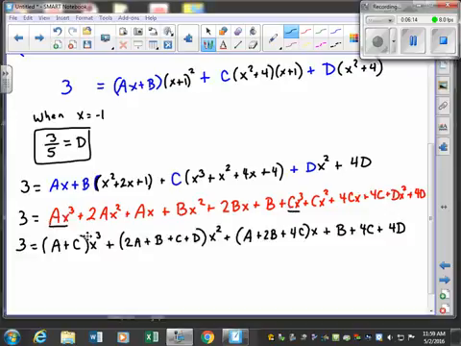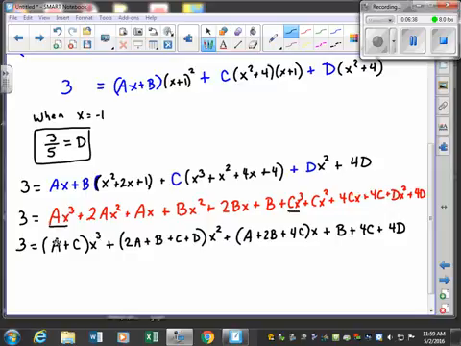Okay, grouping like terms, these are the only x cubed terms, your x squared terms, x terms, and then these are what's left. Now, we want to take that in comparison over here. Well, on the left, what's the x cubed term? There is no x cubed term, right?